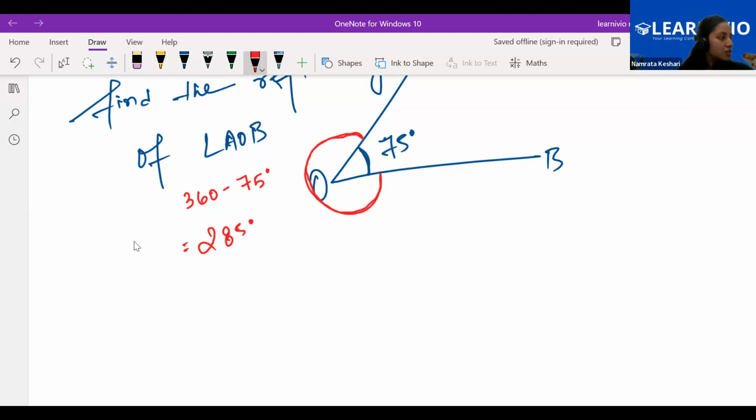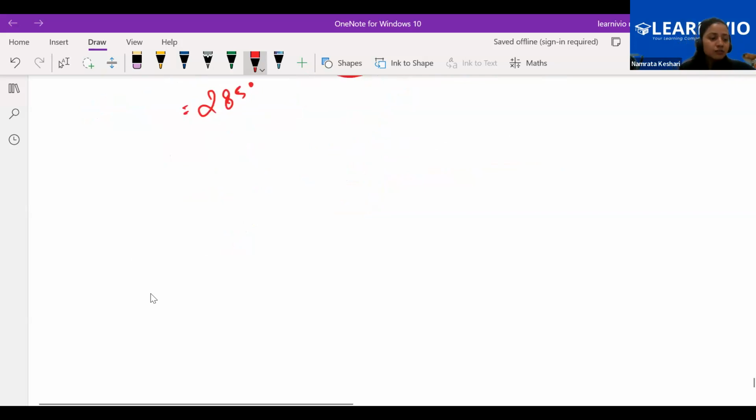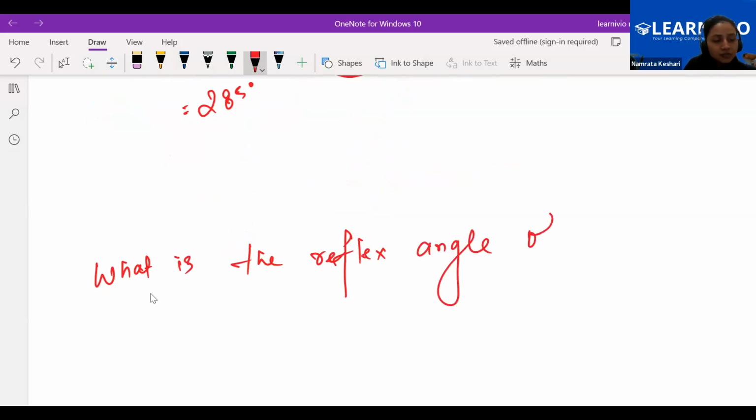Now the question is, I am giving a few questions which are very basic, just like this one. Please find the reflex angle: what is the reflex angle of 110 degrees?